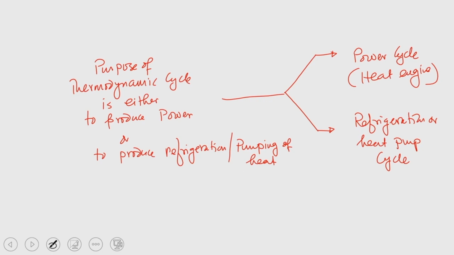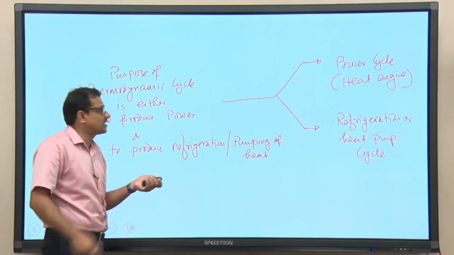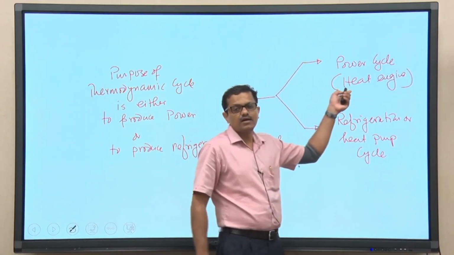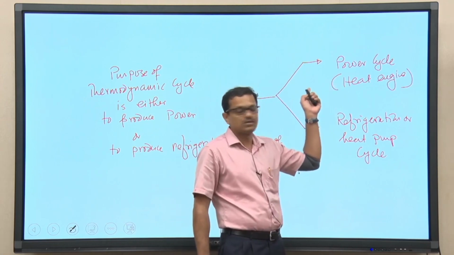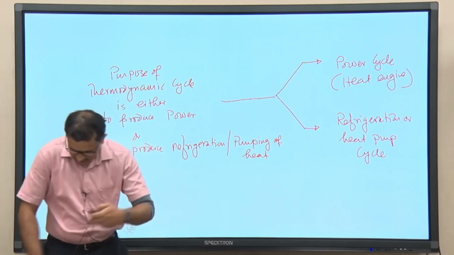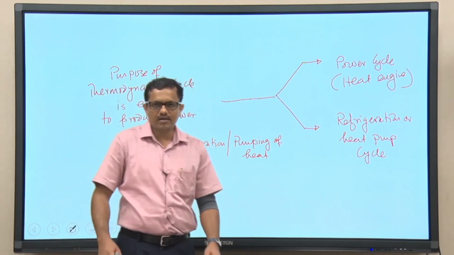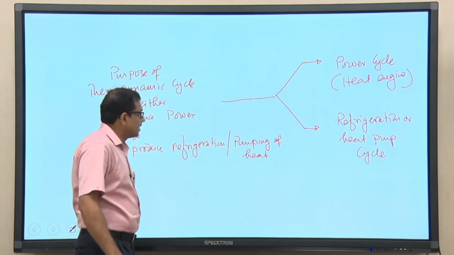So, objective, if we go to the previous slide, as we have written over here, the cycle should be compared with a thermodynamic cycle, and that thermodynamic cycle should be the power cycle. Okay. So, the power cycle should be operated using a particular type of working substance.